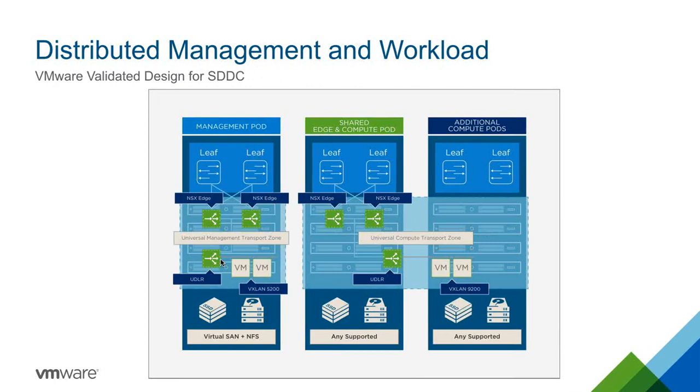However, because we can't pair an NSX manager with management and edge, but have edge only talk to compute, it just doesn't work. So the only technical way to do it is to share it with compute, which makes sense because they're the VMs that need ingress and egress anyway.